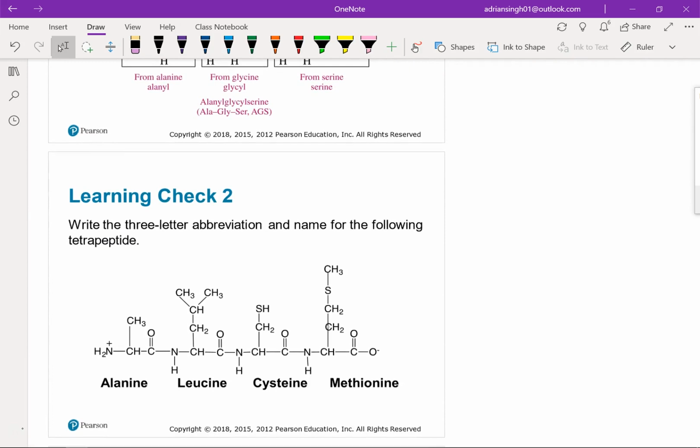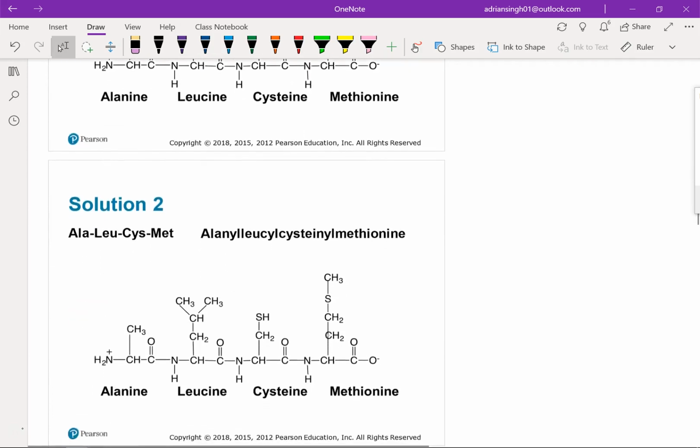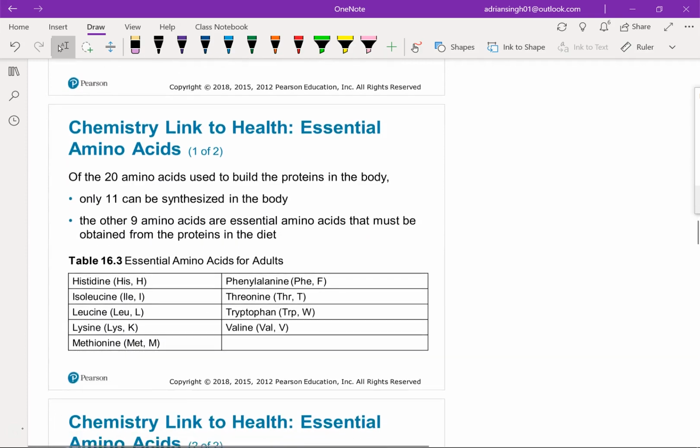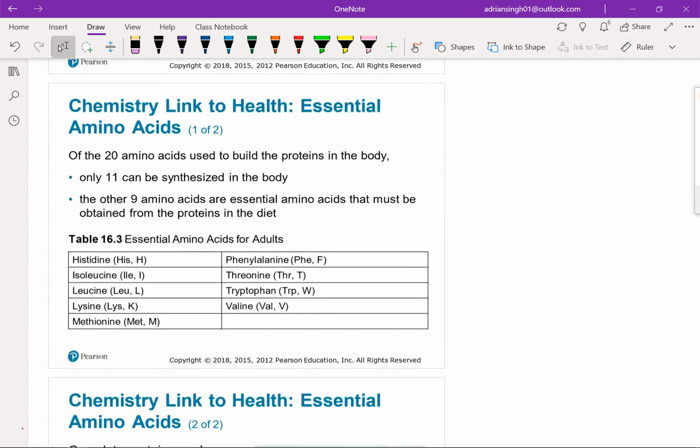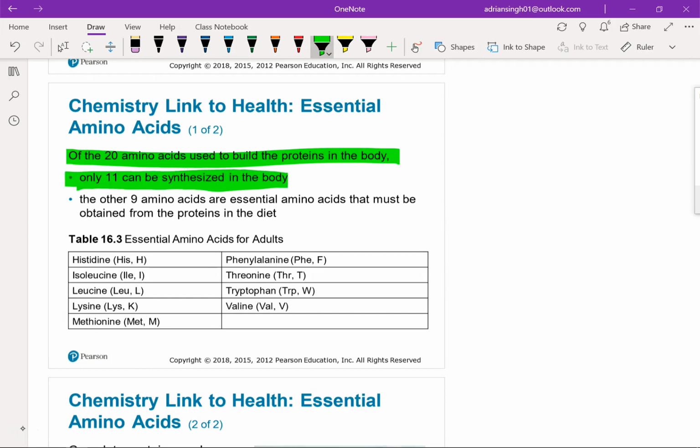All right, let's talk a little bit more about the amino acids. We mentioned that there are 20 amino acids that are used to build proteins in the body. Out of those 20, 11 can be made by the body, which means the body can use whatever it already has to make those amino acids.